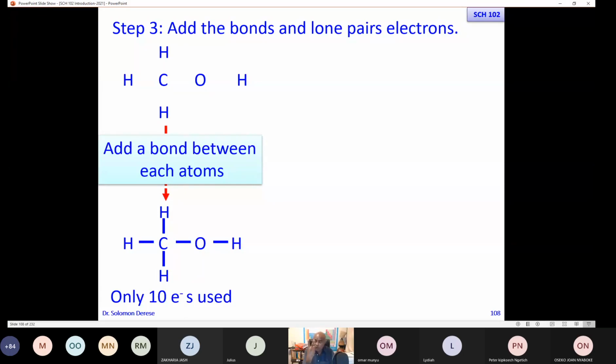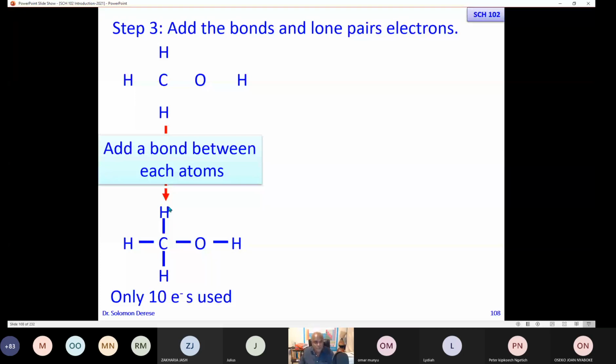So we have 4 additional electrons remaining, which we need to put on the elements involved in chemical bonding in CH4O, methanol. When we do that, we'll put these lone pairs of electrons on the atom that does not have an octet of electrons, not on the atom that has an octet.